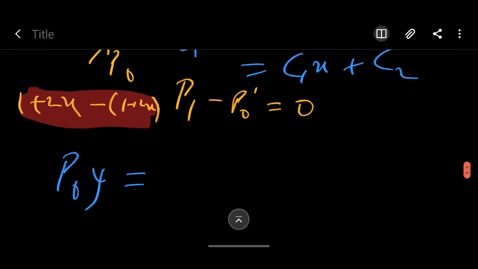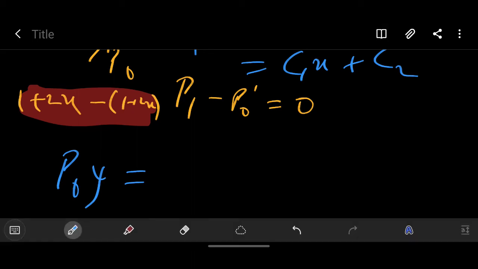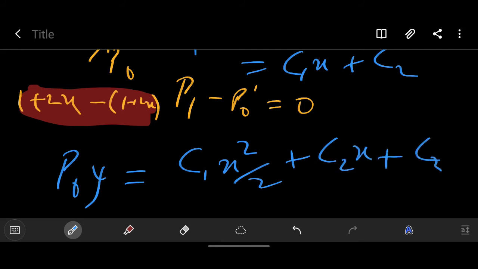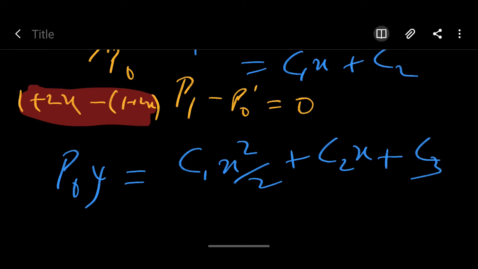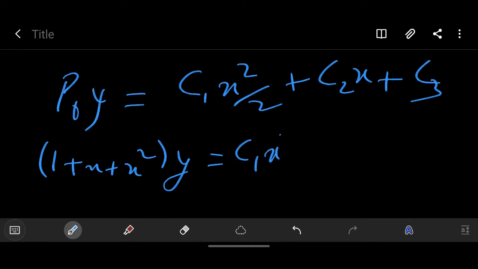If we integrate this, then we get C1x squared by 2 plus C2x plus C3, right? So if we put the value of P naught, which is 1 plus x squared, then y equals C1x squared by 2 plus C2x plus C3.